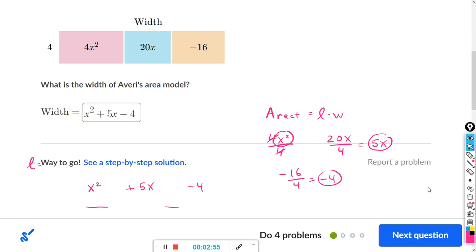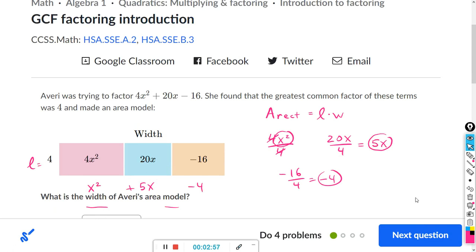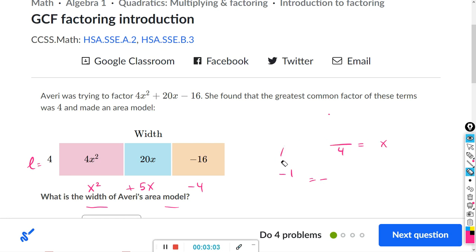All right. So the point of this, the idea is just to factor out a 4. Let me show you real quick. The point of this is to factor out a 4. See, we have 4x squared plus 20x minus 16.